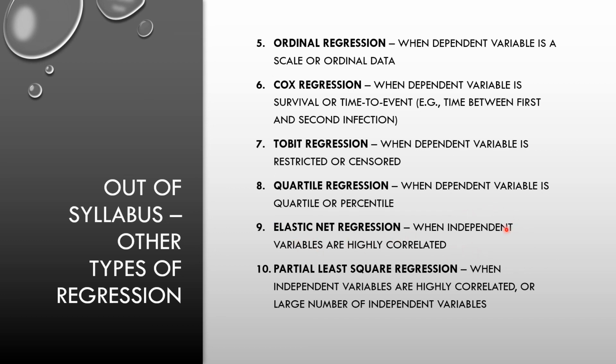When you're performing regression, there's an underlying assumption that the independent variables are not correlated, with very low correlation between them. But sometimes that is not the case. Sometimes if we remove all the correlated independent variables, we end up with nothing. So we are stuck with independent variables that are correlated to some extent. Then we can use elastic net regression.